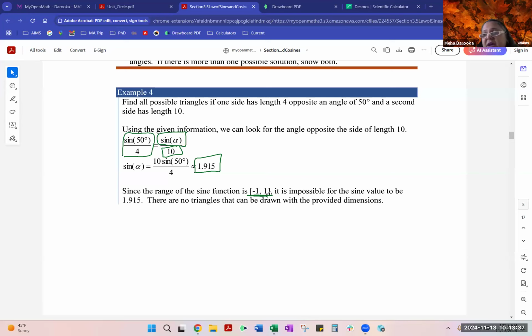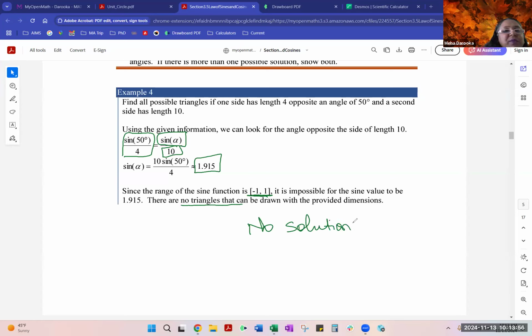And so you do not even have to do sine inverse to find angle alpha. Basically we are saying since there are no triangles that can be drawn with these provided dimensions, we are going to have no solution to this problem.